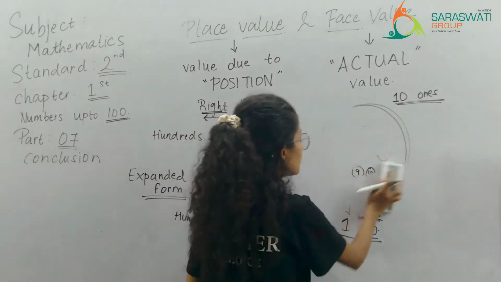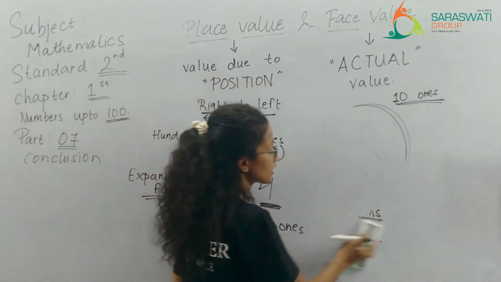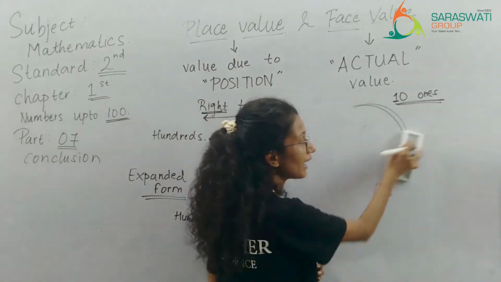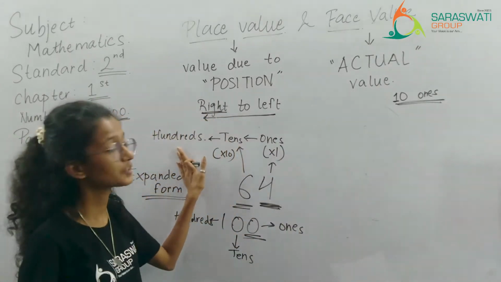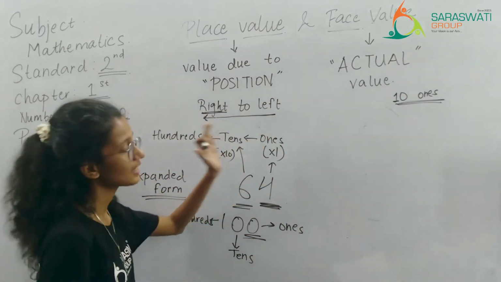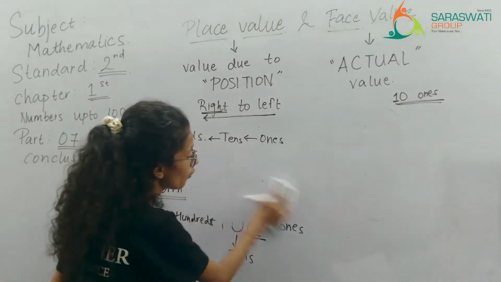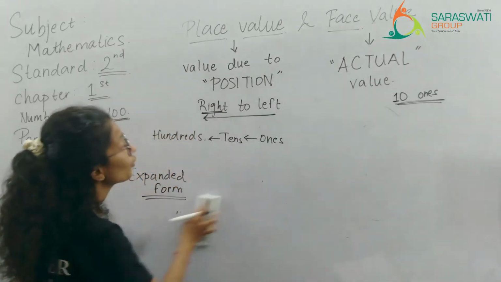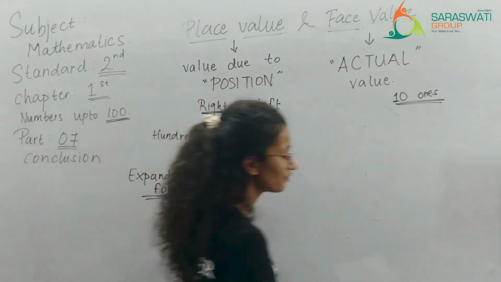Now when you think of the lectures we have learned previously from Ami madam, in those lectures madam has very well explained what is ones, tens and hundreds. Now with the concept of place value comes the expanded form.